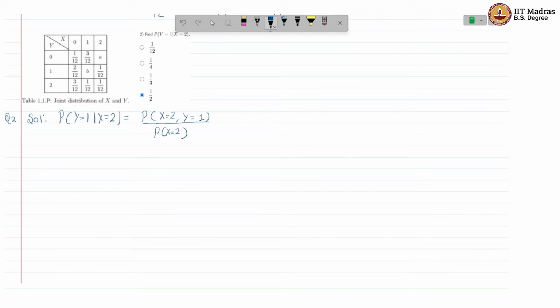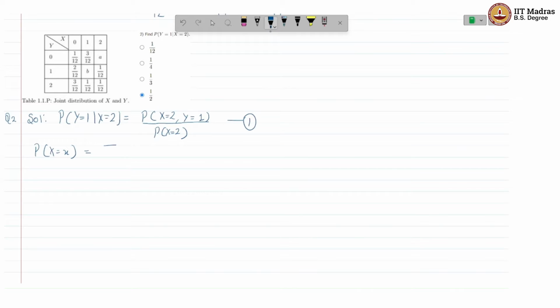Let us make this equation number 1 and separately calculate the marginal X is equal to 2. For calculating the marginal, we'll again use the same formula. For example, if we have to find the marginal X equal to some small x, this will be equal to the sum of probabilities of all possible xy pairs where X is equal to small x and y takes different values.